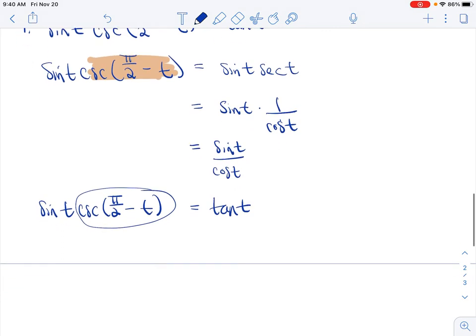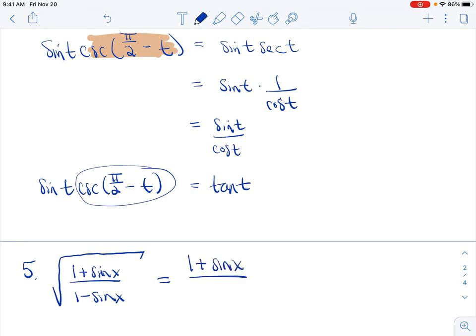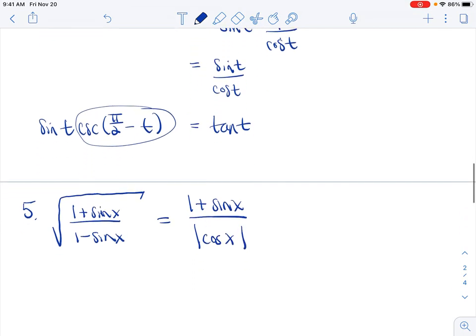But all right, so for our last guy, it says the square root of 1 plus sine x over 1 minus sine x, and we want it to equal 1 plus sine x over the absolute value of cosine x. I'll explain that absolute value at the end.